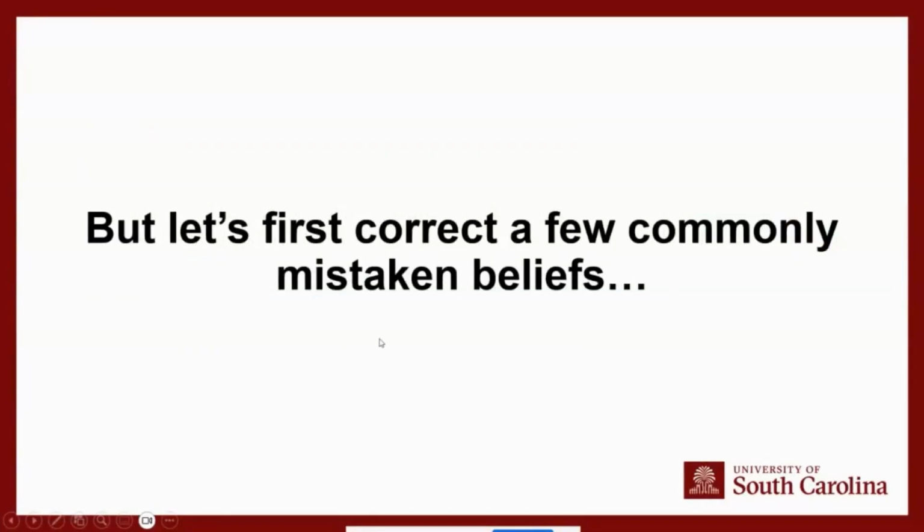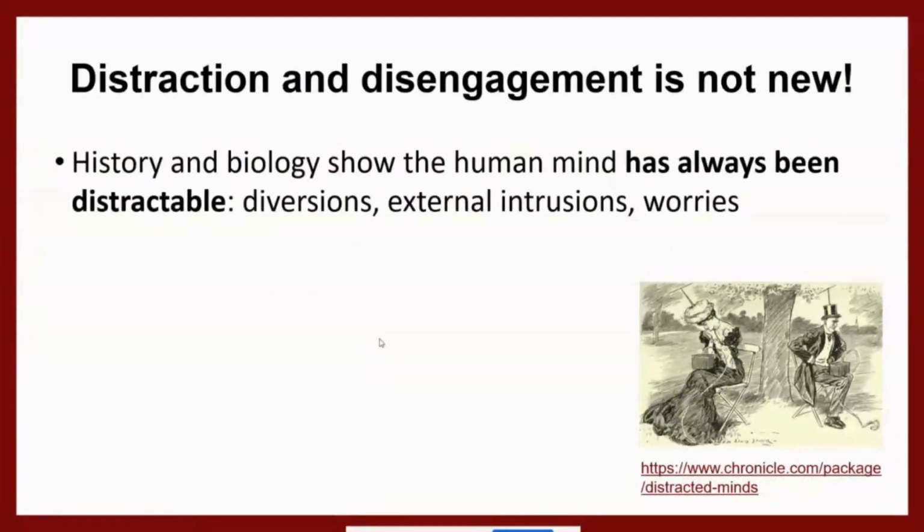Some of these I had thought originally whenever I first started teaching. Disengagement, distraction is not new. I think we all are of the mindset where, and I know I've been getting worse over time as I've gotten older, things distract me very easily. Those pretty sparkly shiny things are very distracting. So biology has shown us the human mind has always been distractible.